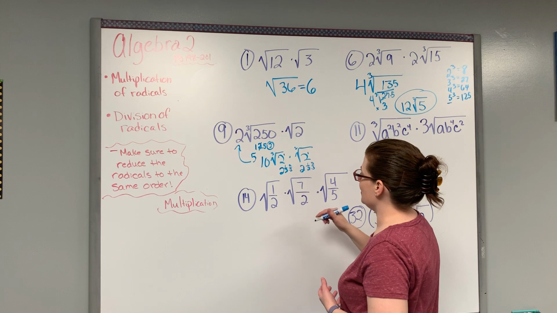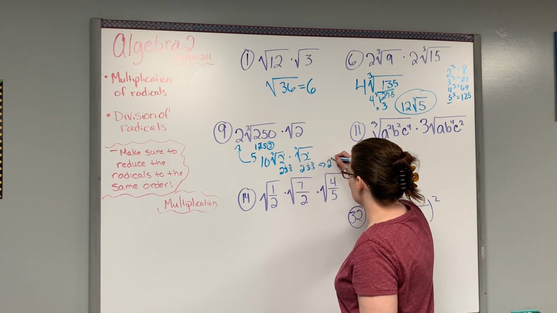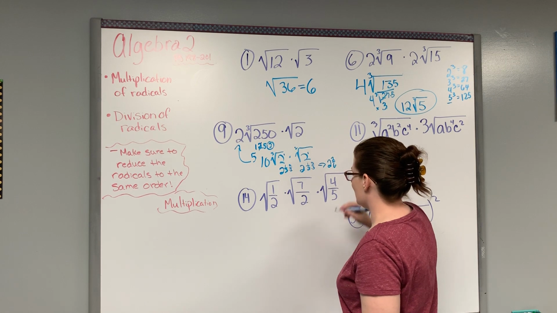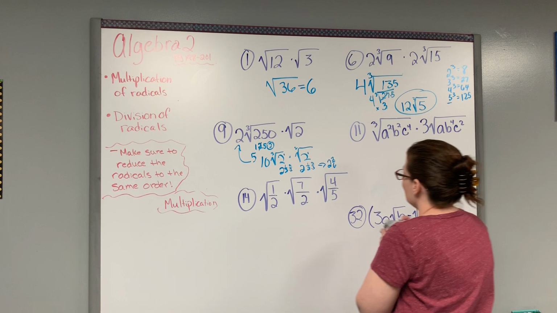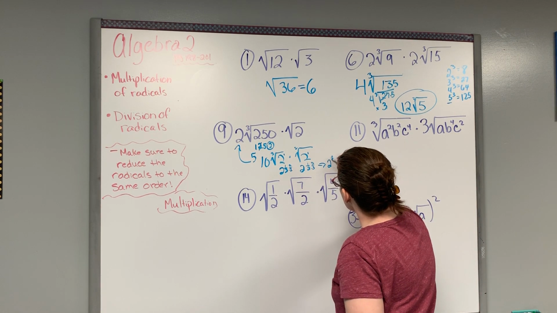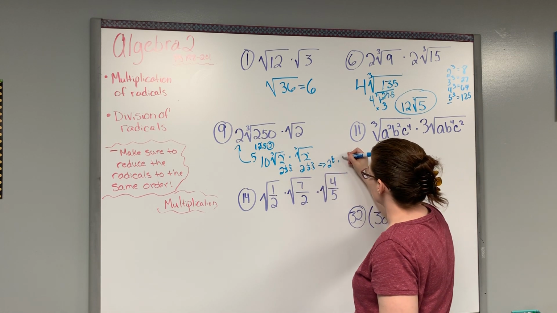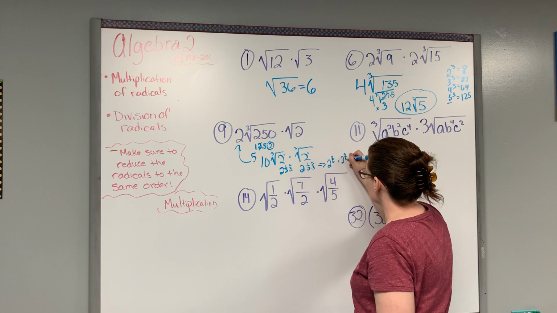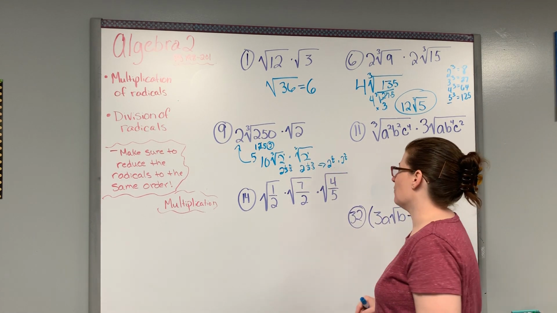So when I do that, if you look over here, this one's going to end up being 2 2/6. And I don't know why I wrote it giant like that. It's an exponent, not a mixed number. So 2 2/6. And then this one is going to be 2 3/6. All right. Then we need to put them back in radical form.